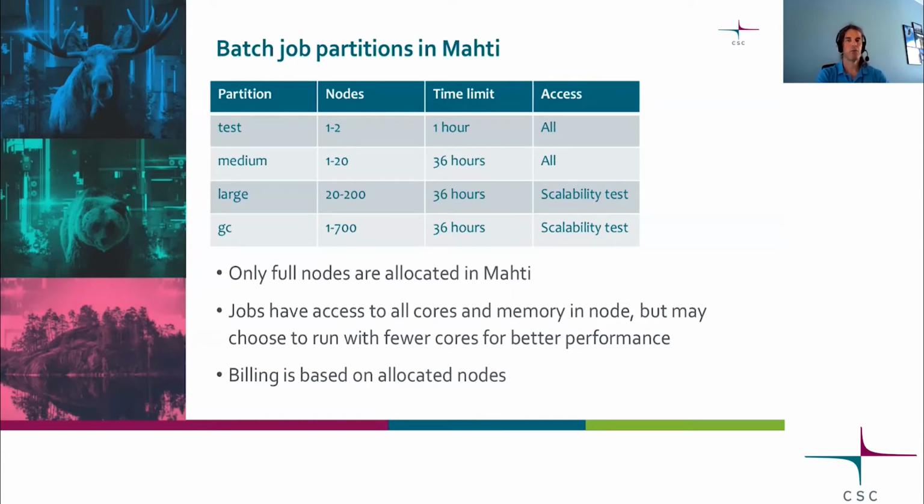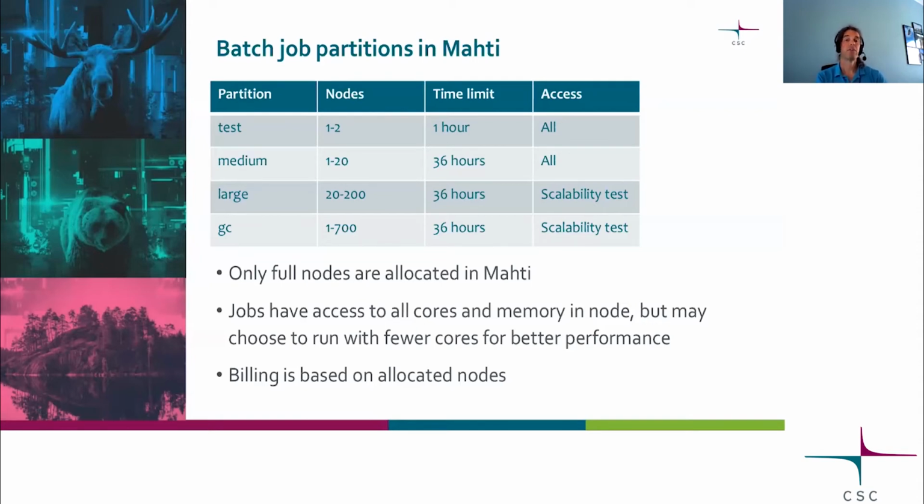If you really have a highly capable parallel application that can utilize more than 20 nodes, we have a large partition that allows you to run up to 200 nodes. However, in order to get access to that, you need to do scalability testing. I will discuss that shortly.